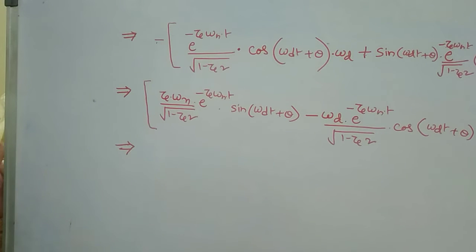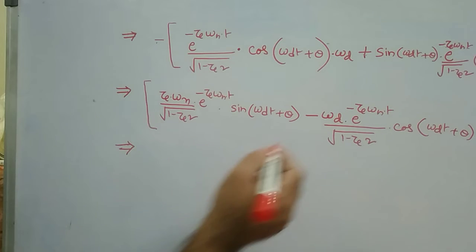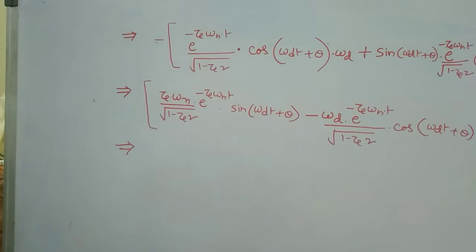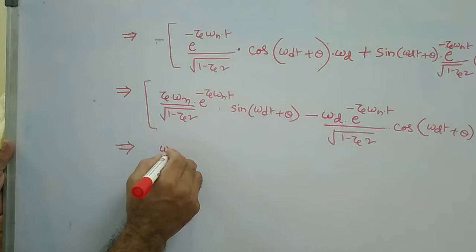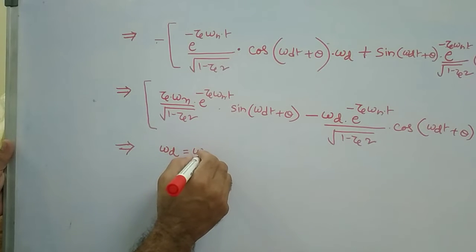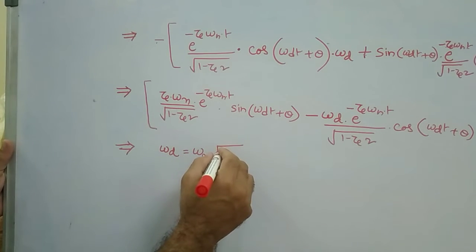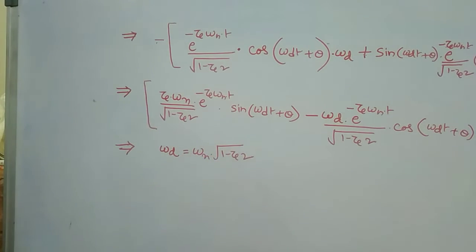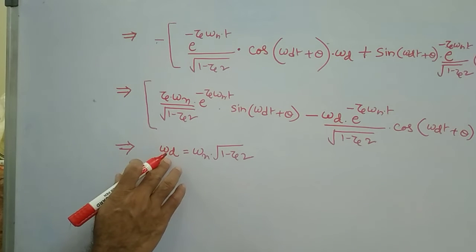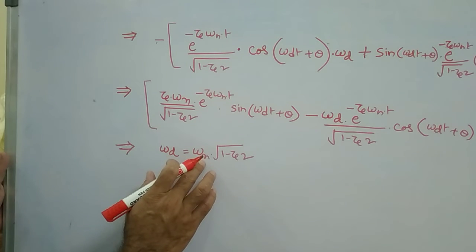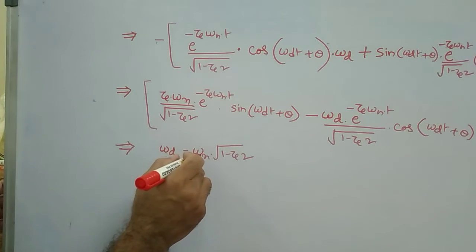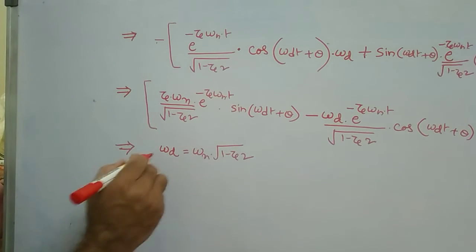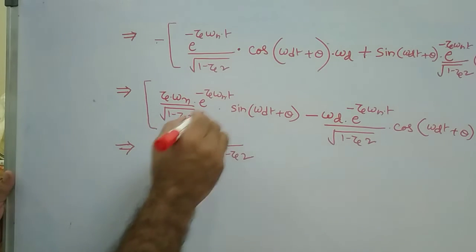Now wherever omega d is there, not in the bracket, you just substitute omega d is equal to omega n into square root of 1 minus zeta square. So we know omega d is the damped natural frequency, and omega n is the undamped natural frequency. So omega d is equal to omega n into square root of 1 minus zeta square, you know this formula. You apply this formula here.